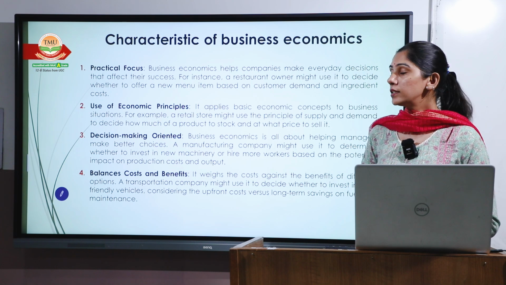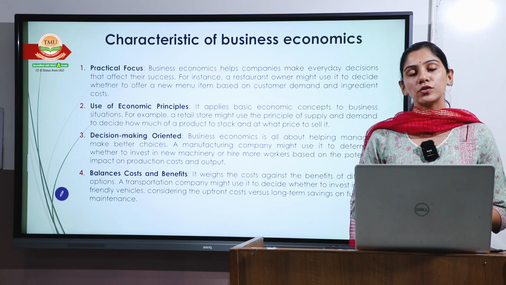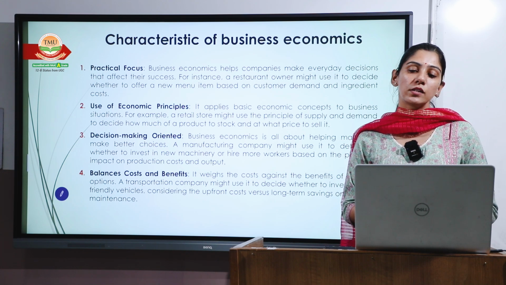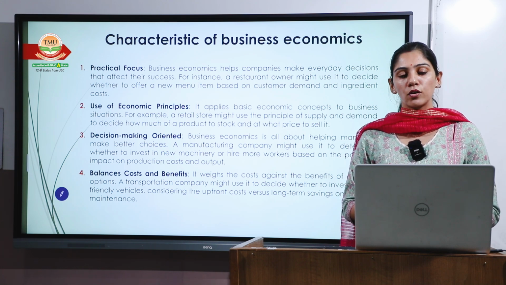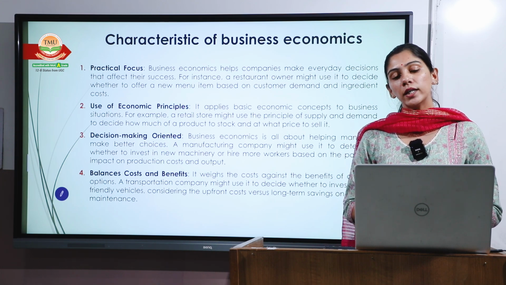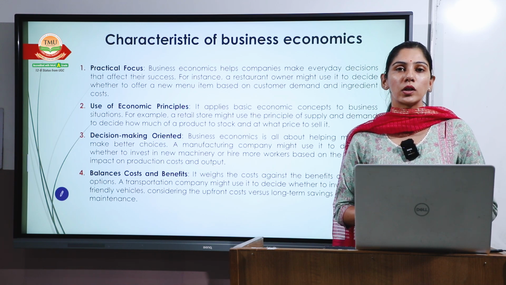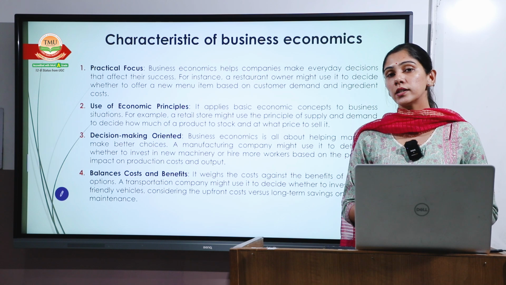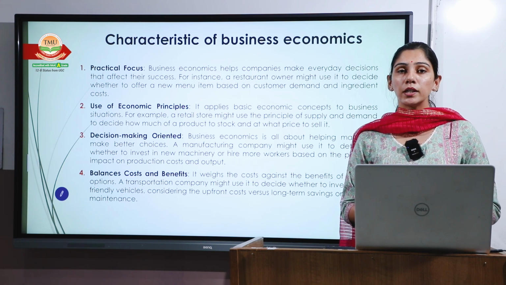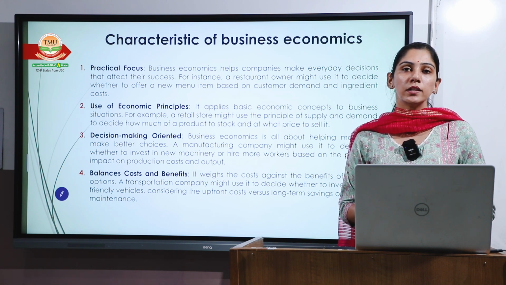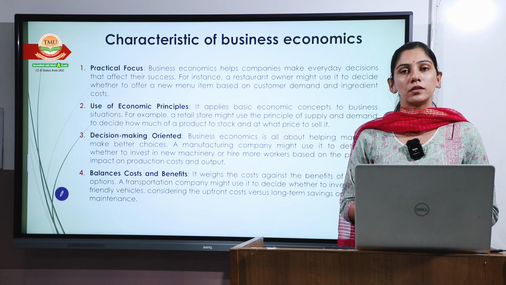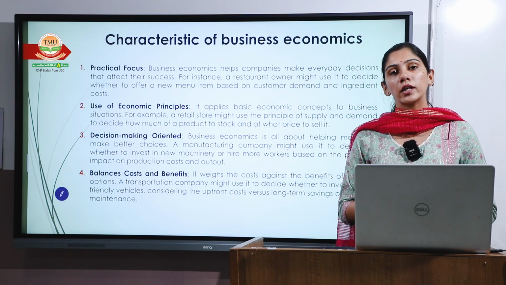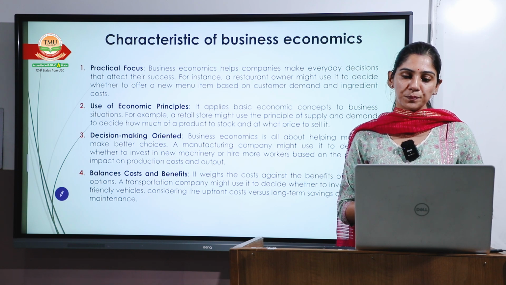Now, let's come to the next topic, characteristics of business economics. So, there are various characteristics of business economics. First point is practical focus. Business economics has a practical focus as it helps companies to make everyday decisions that affect their success and that will help them to achieve their organizational objective.